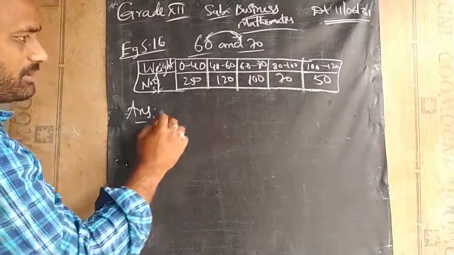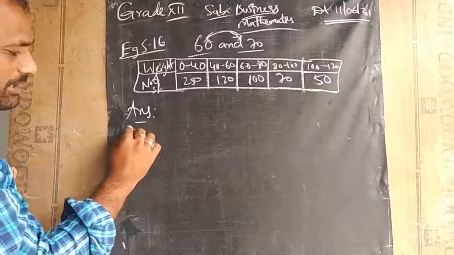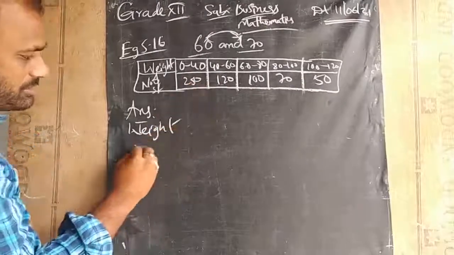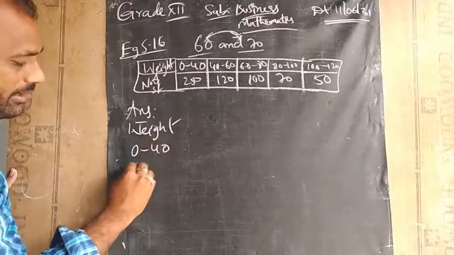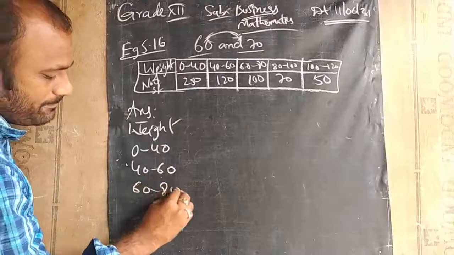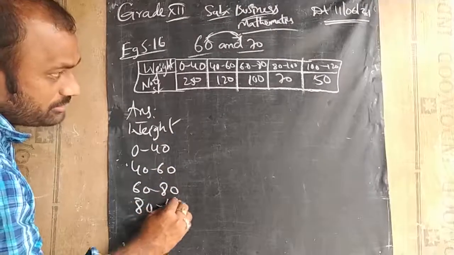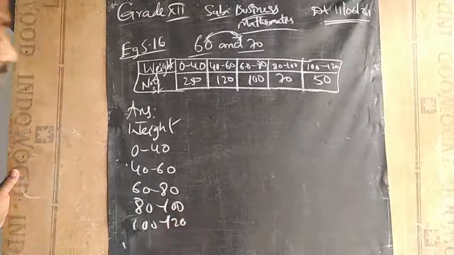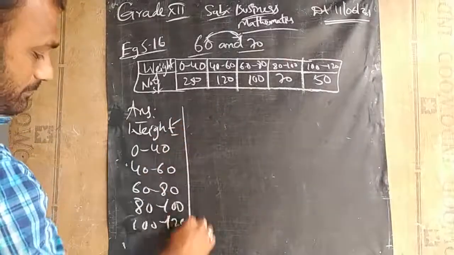So what it will come here, first let me write weight, that is 0 to 40, next 40 to 60, 60 to 80, 80 to 100, 100 to 120. So this is the weight.